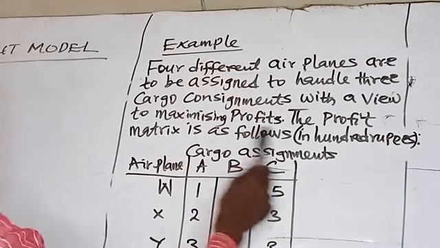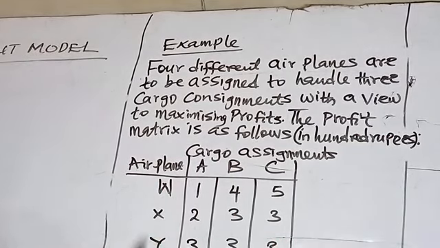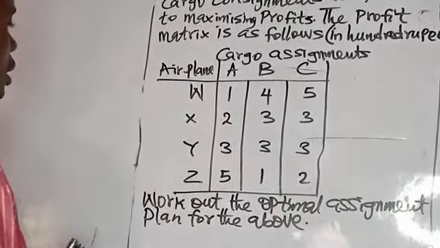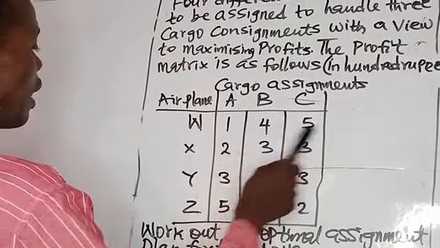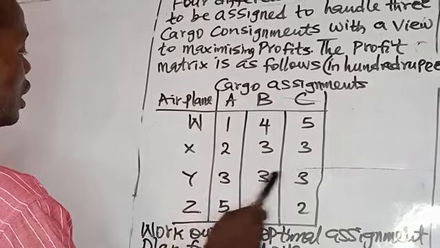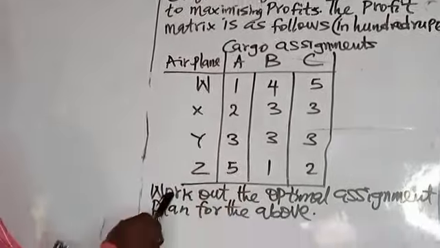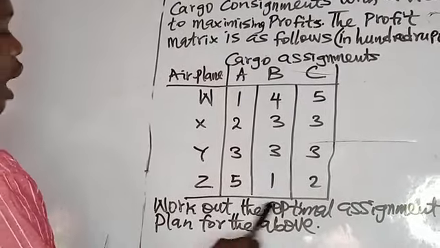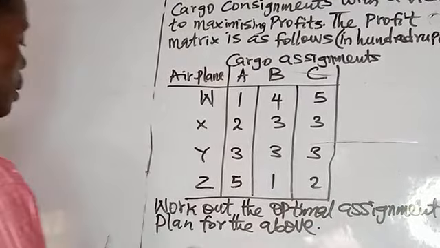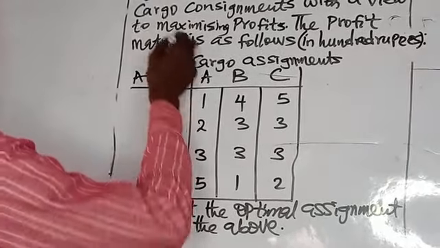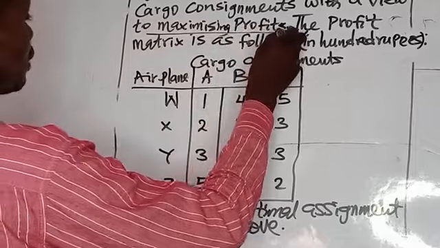We have cargo assignments A, B, and C, and airplanes W, X, Y, Z. W: 145, 233, 333, 512. You are to work out the optimal assignment plan for the above. Remember, the objective in this case is to maximize profits.